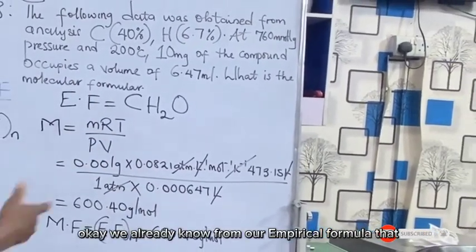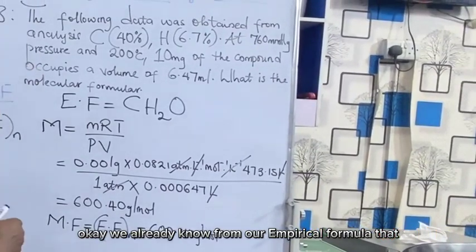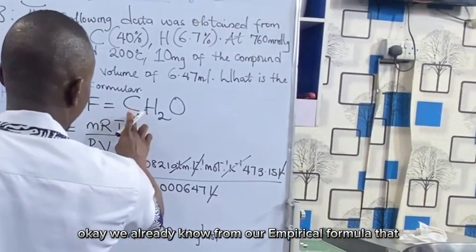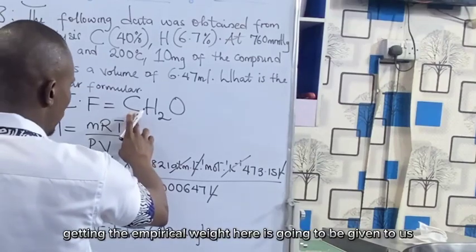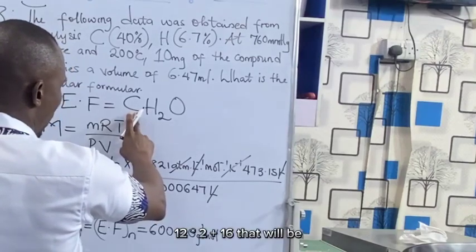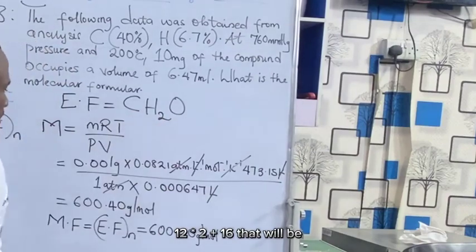We already know from our empirical formula that the empirical weight is given as 12 times 2 plus 16.